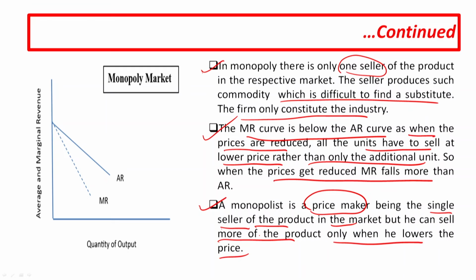So, in this slide, we try to understand in monopoly there is only one seller and there are fewer chances of substitute. The MR is below the AR, and the third point, the firm in a monopoly is a price maker.